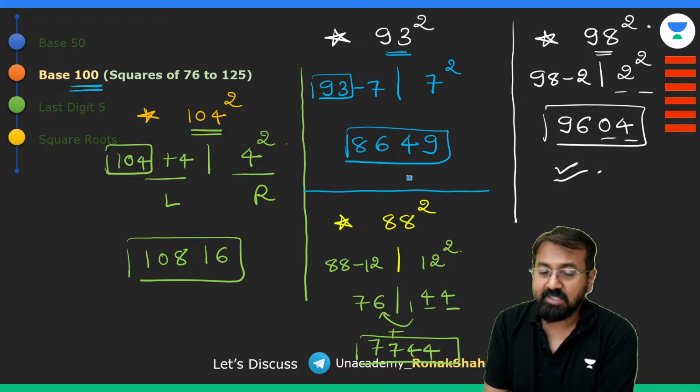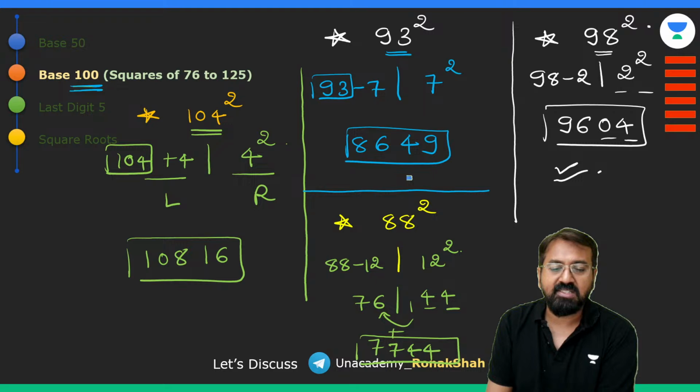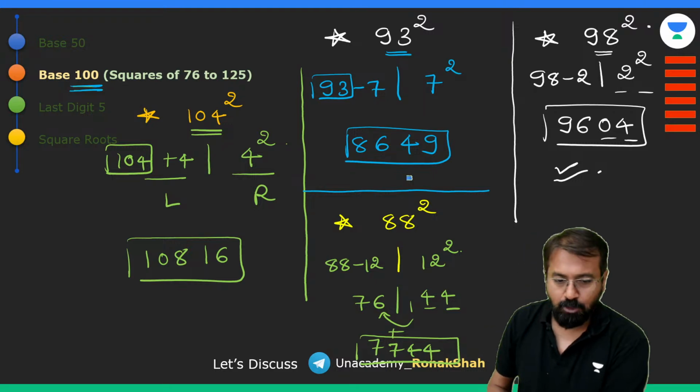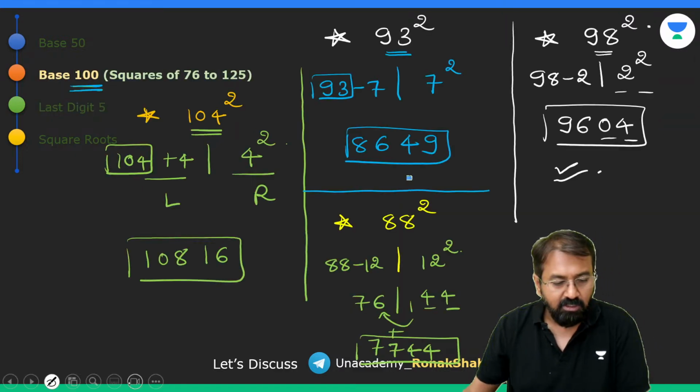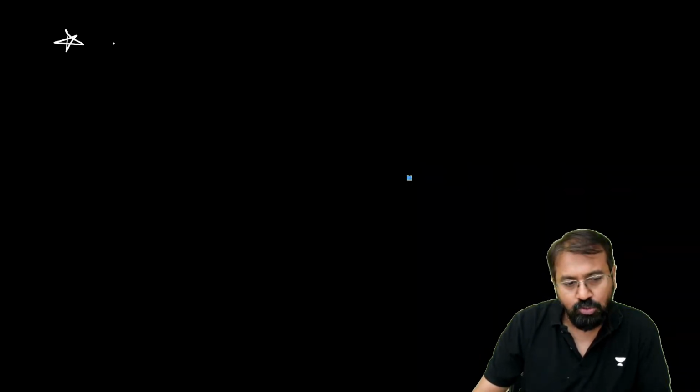So this is how you can quickly calculate squares of numbers from 76 to 125. Sure. Let's take a few practice questions so that things become pretty clear. Guys, let me ask you a few questions. Can you tell me what will be the square of 109?